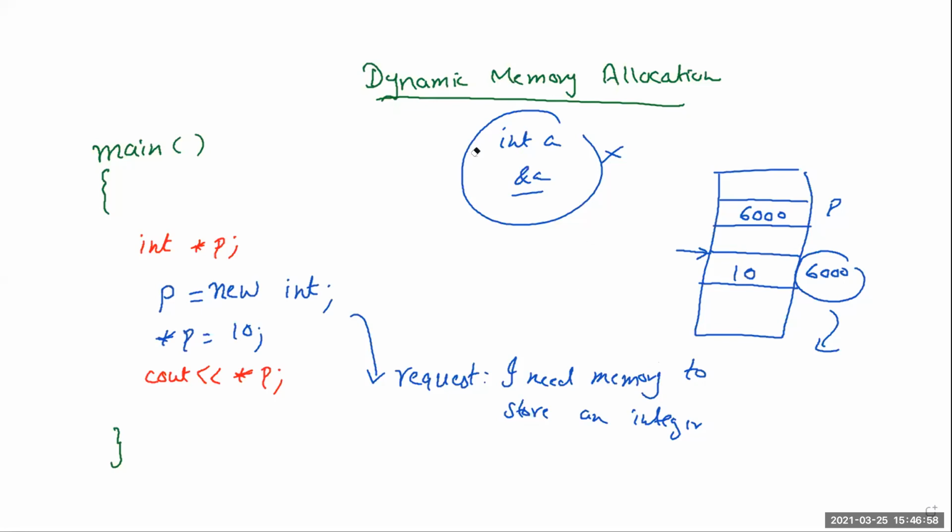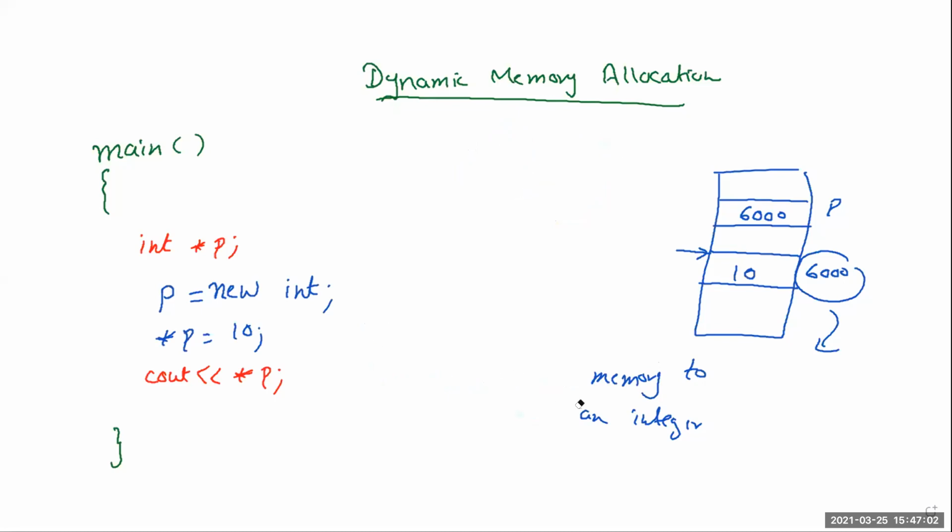Anonymous means it does not have any name. You have the address, but there is no name for this variable. But since we have the address, we can indirectly treat it just like we treat an integer. Okay, this is an integer. You can do anything you like with this, but the only thing is that in dynamic memory allocation, you don't have a name for this particular location.